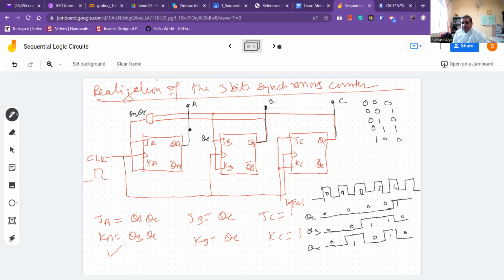And JC and KC equal to logic 1, which we are doing here. All flip-flops are triggered with this clock pulse, the common clock pulse, that is the synchronous counter. So this counter will count the numbers from 0, 0, 0 to 5, 6, 7, and repeat.